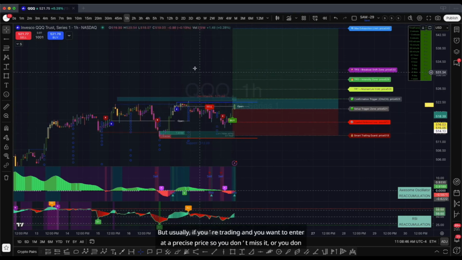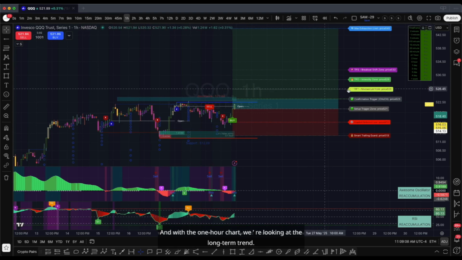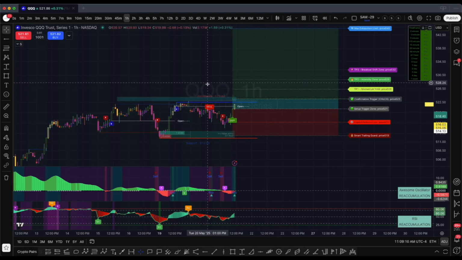But usually if you're trading and you want to enter at a precise price so you don't miss it, or you don't want to buy at too high a price and you want more accuracy, you can use the 1 minute, 2 minute, 3 minute, or 5 minute time frames. Okay, after that, we start looking at the 10-minute or 15-minute charts to see how the intraday trend is showing and where the momentum is. And with the 1 hour chart, we're looking at the long-term trend. For example, like that, all right?